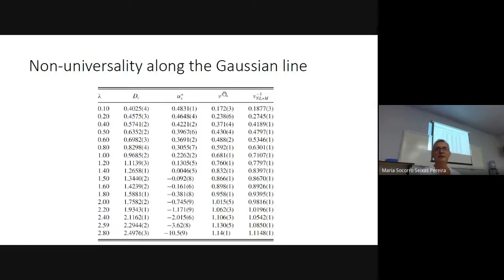But the inverse goes from 0 up to 1.2 at the tricritical point. And we compare with the predicted values from field theoretical modeling based on the nonlinear sigma model. And we can see that our numerical estimates and the field theoretical prediction are very similar.